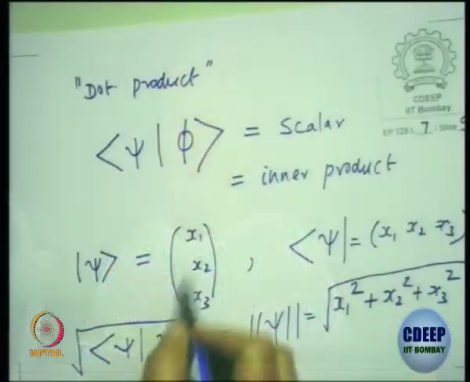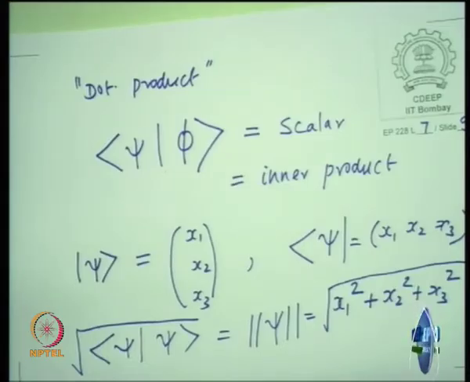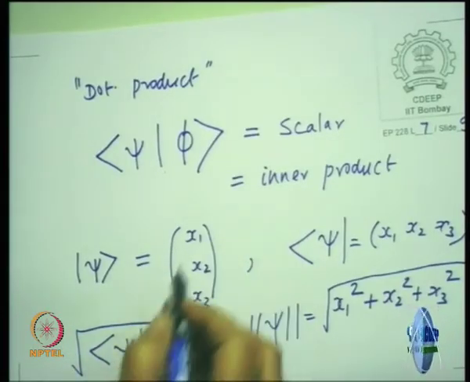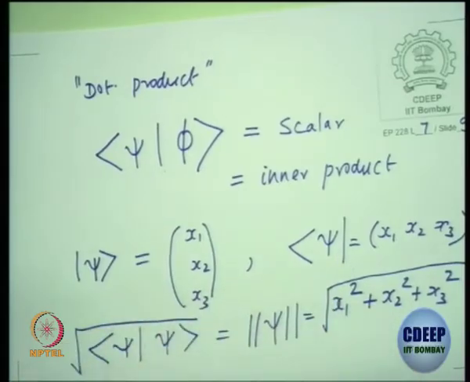Suppose instead of R3, I want to go to a complex vector space, like we have done with the complex plane. The complex plane has one z coordinate, but I could look at two z coordinates in an abstract complex vector space. Suppose x1 is complex, x2 is complex, x3 is complex. If I take the inner product, what will happen?